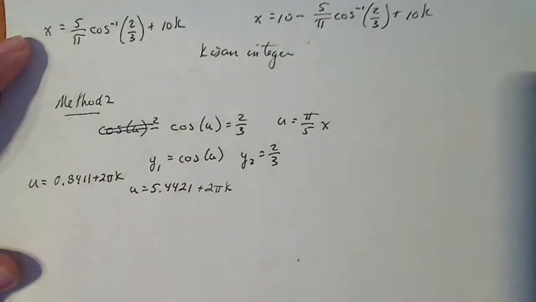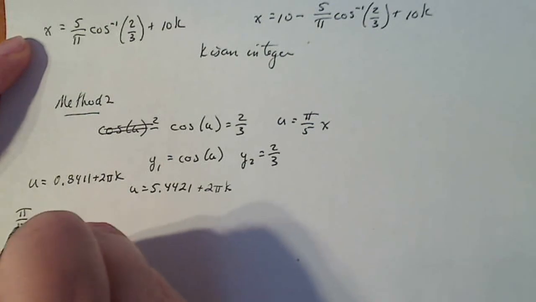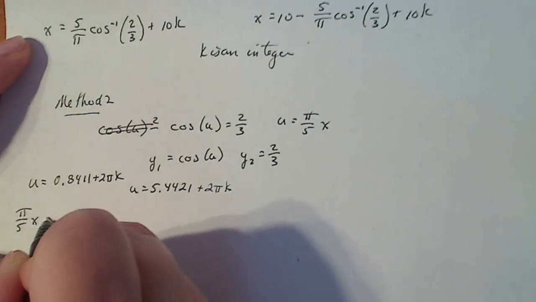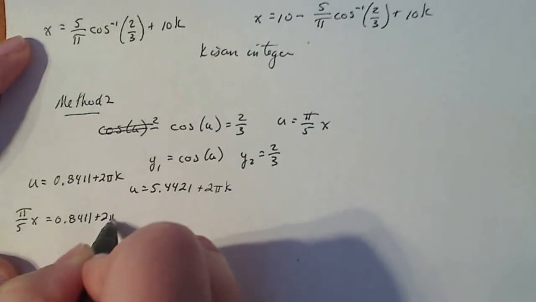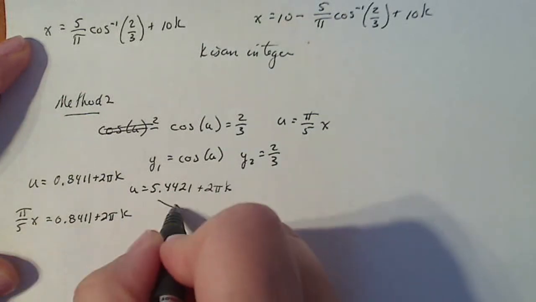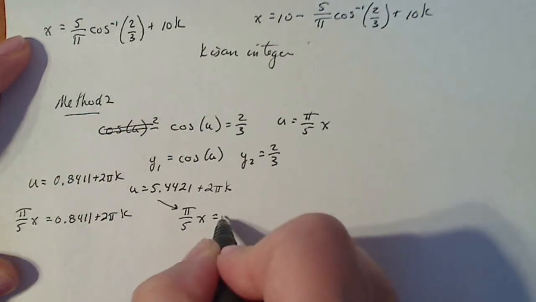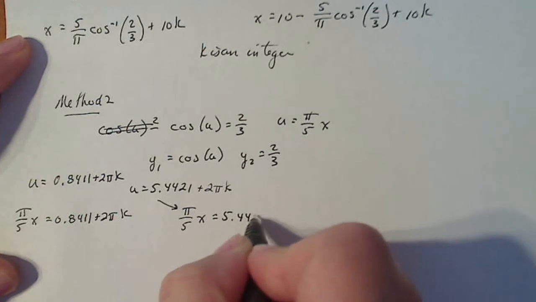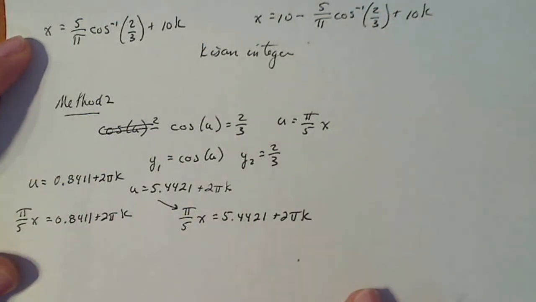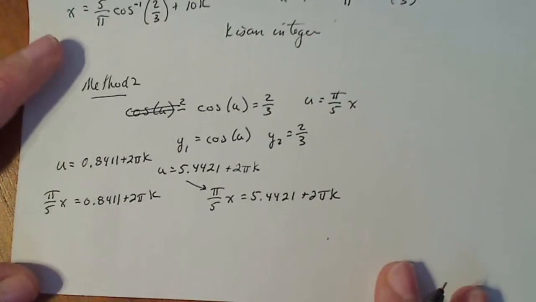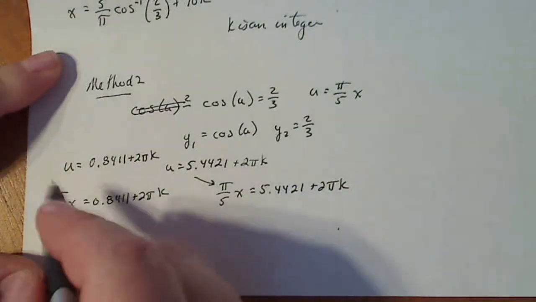Now, we're not quite done yet. We still have to consider the fact that u is pi over 5 x. So let's write that in there. Let's move this guy over. I'm running out of room. Okay. Now, in order to continue to solve for x, I need to multiply by the reciprocal of pi over 5.